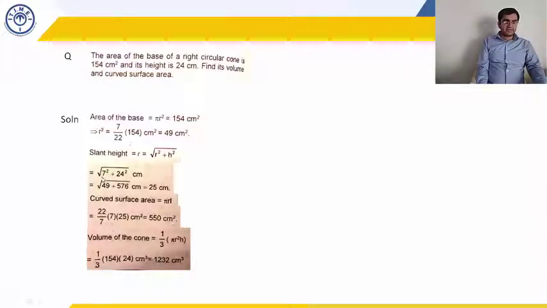So I get slant height as square root of 49 plus 576, that is 625. Square root of 625 is 25. So the curved surface area pi r L becomes pi, 22 by 7 into the radius 7 into the slant height 25, which is 550 centimeters square. And that is your answer.